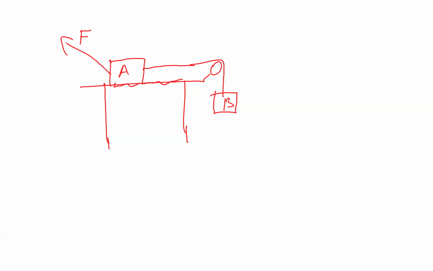Now, I want us to draw the free body diagram on A and also on B. On A, this is the free body diagram: normal force, gravitation or weight, tension, friction, F applied.